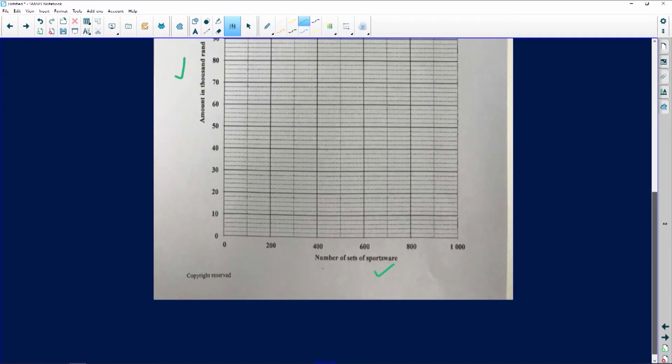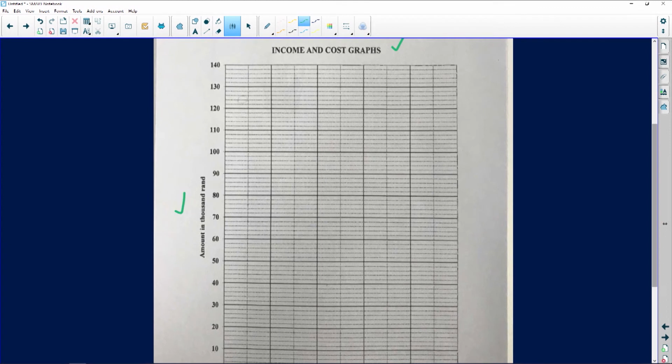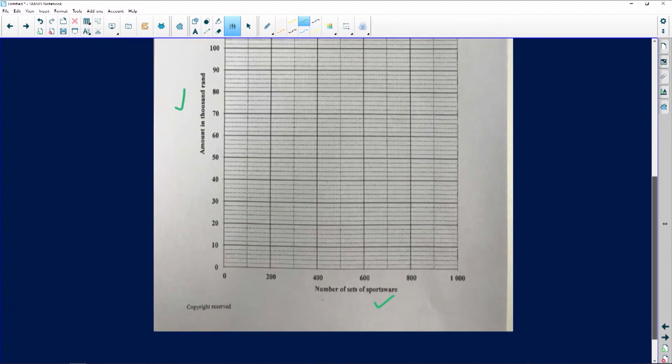So in maths literacy, we don't just go and put an x there. We have to label it. So in this particular case, it is labeled as the number of sets. And then on the side there, we have the amount in thousands, which has been given to us over there. We are going to be using exactly what we have been calculating or what we've been given in the table.